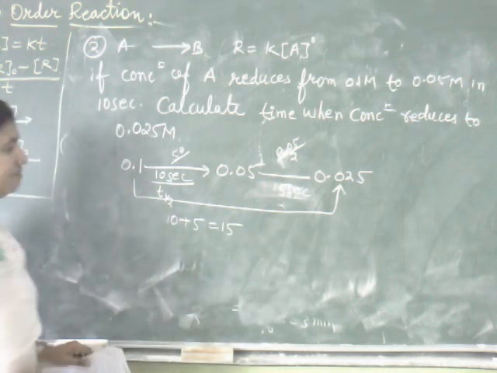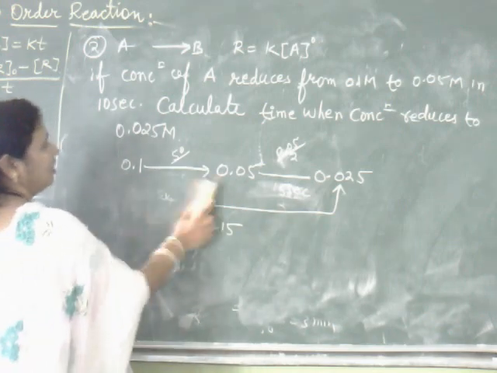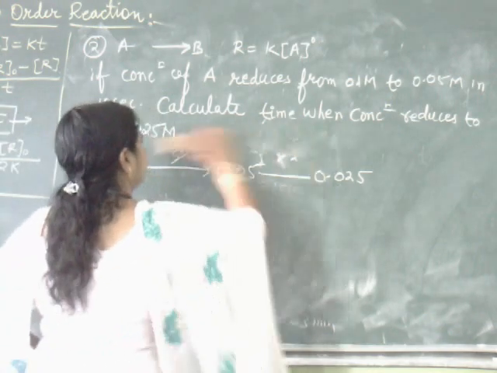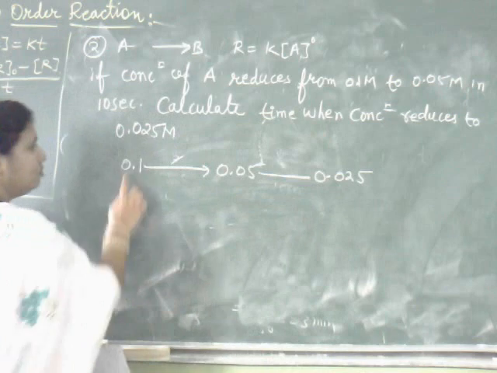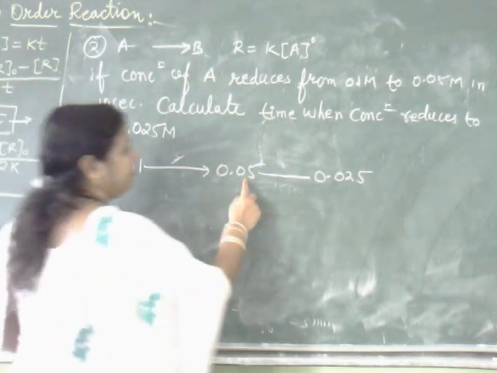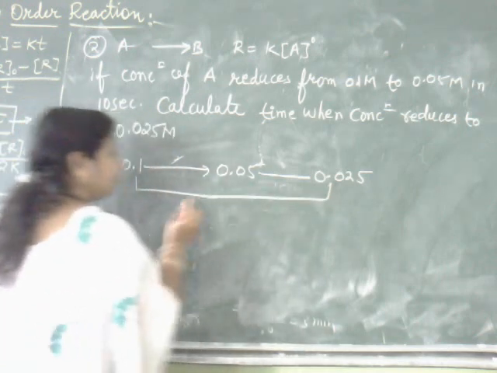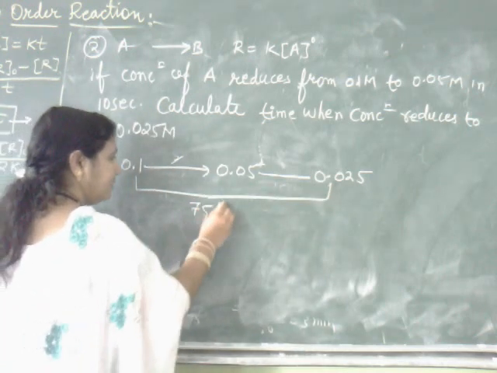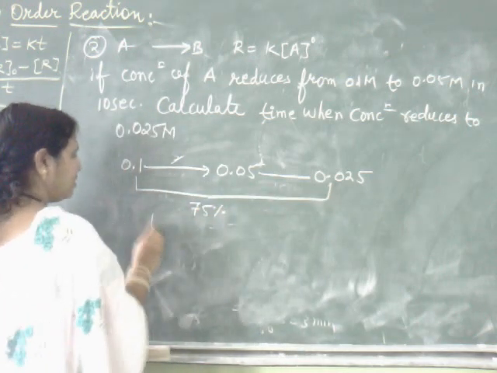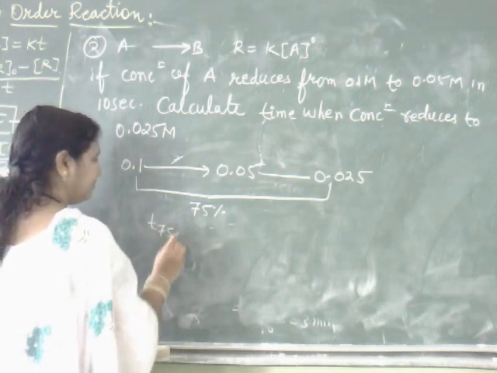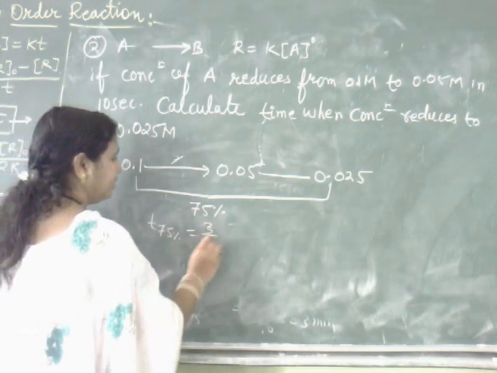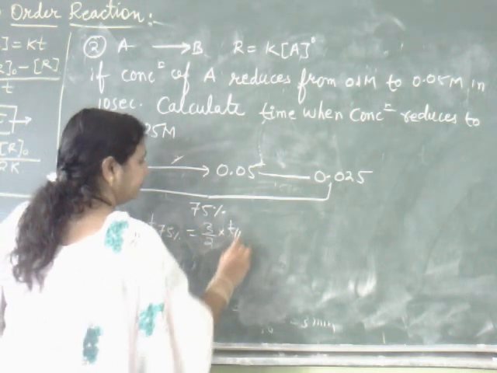We can find it out this way first, or directly. This is 0.1 to 0.05, which is 50%, and then 50 to how much? 75. 0.1 to 0.025 means it is 75%. And we have a formula to find T 75%. What is that? 3 by 2 into T half.